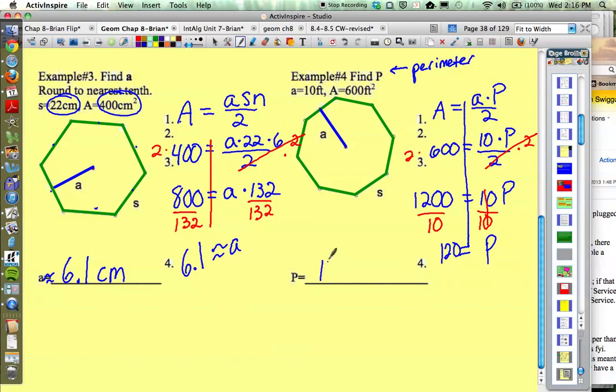Remember, the perimeter is the distance around. It's a length, so just feet would be your final label: 120 feet.